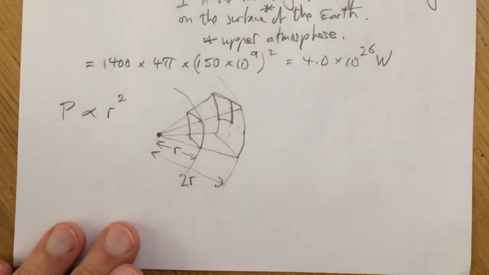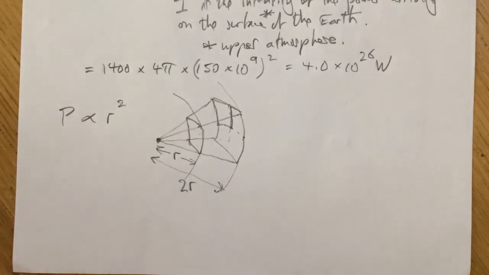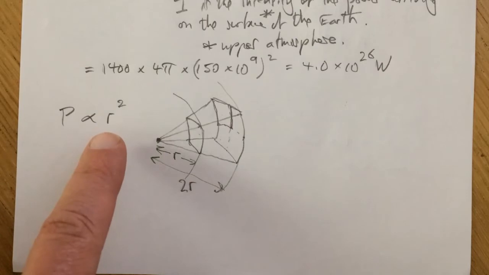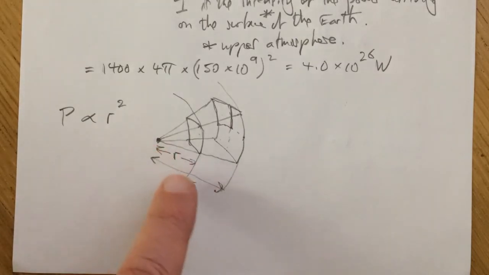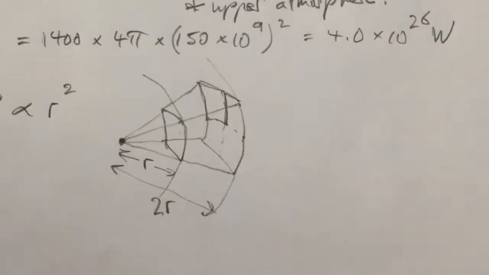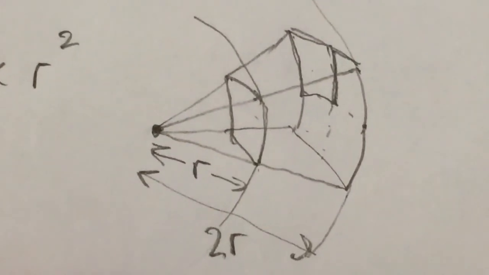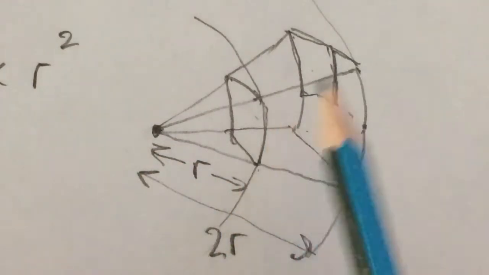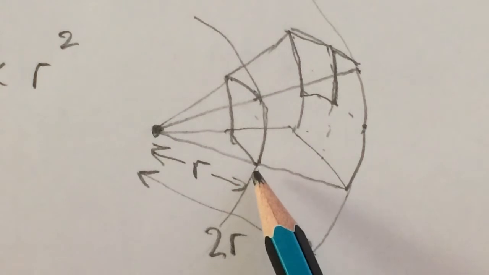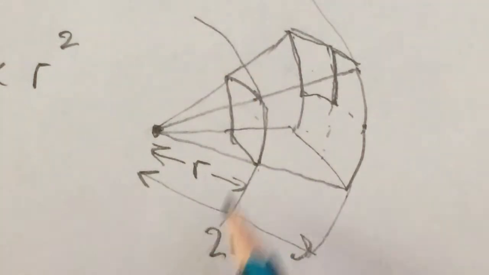Can you see how the intensity reduces by a factor of 4 if you double r, the distance from the point source? Here's my natty drawing. Let's zoom in. So look, here's the sun. Here's us receiving it on Earth.